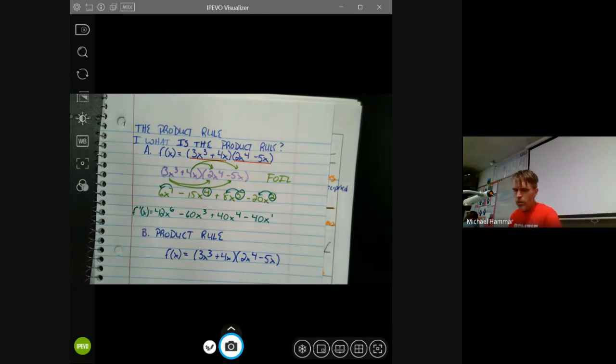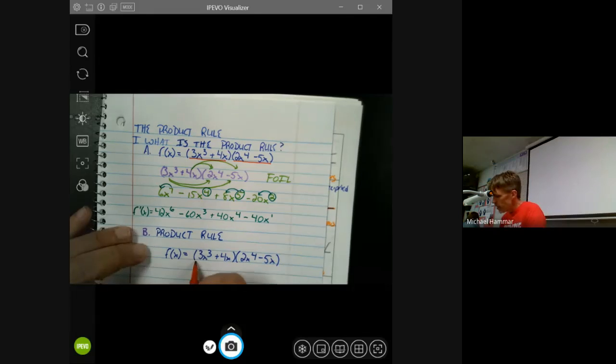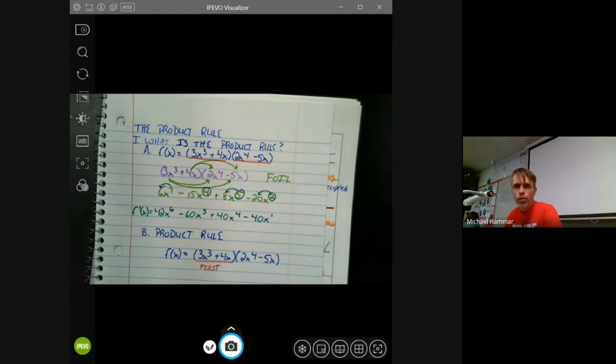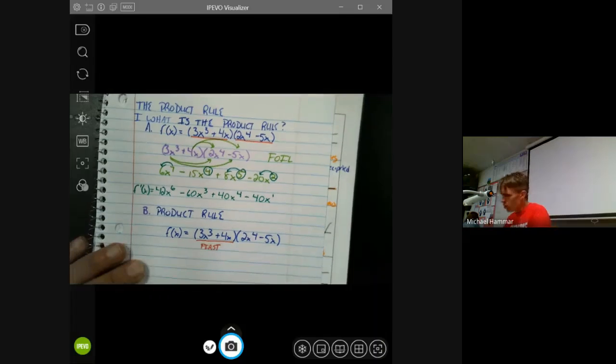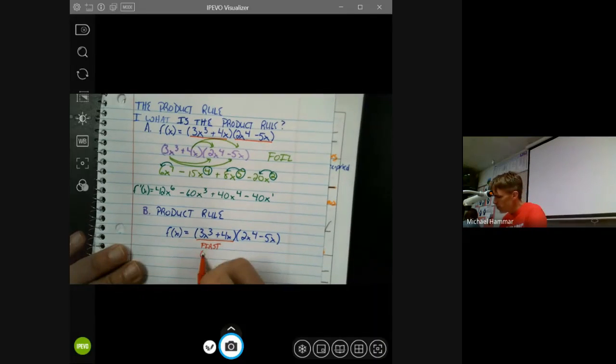So here's what you do when you're working with something like this. If you're going to use the product rule, we're going to basically call this the first. Okay? It is the first quantity that we are going to work with. And then this is the second quantity.